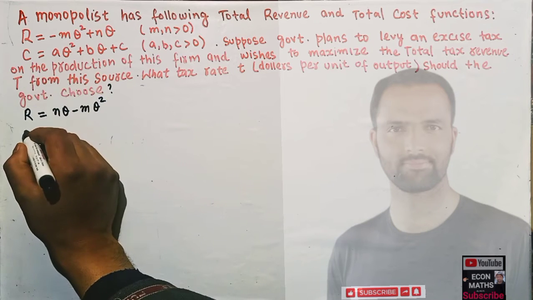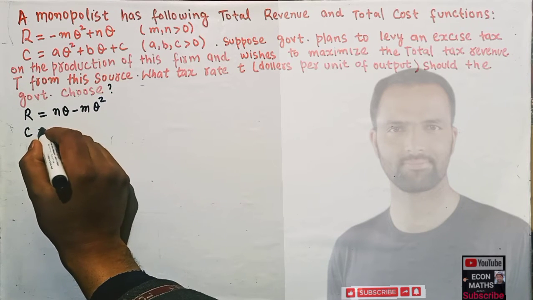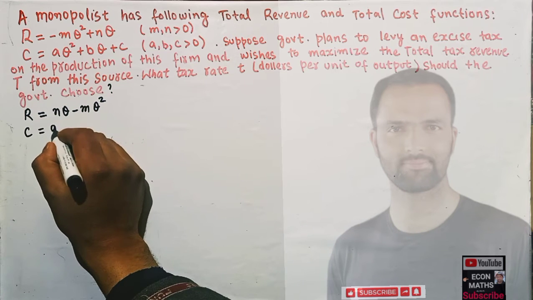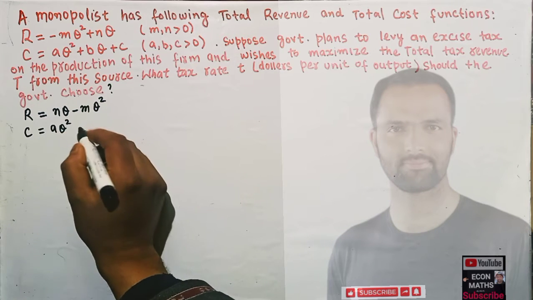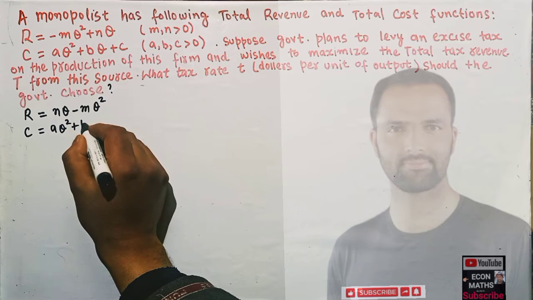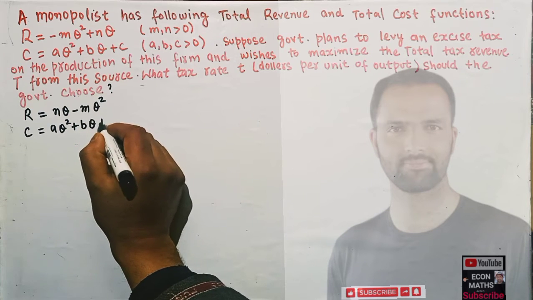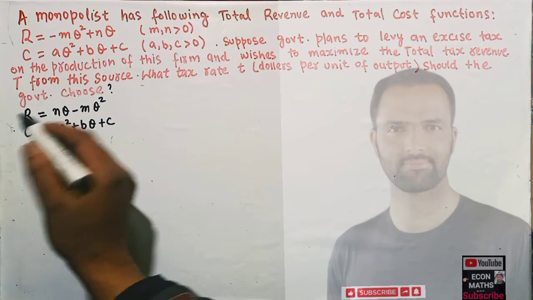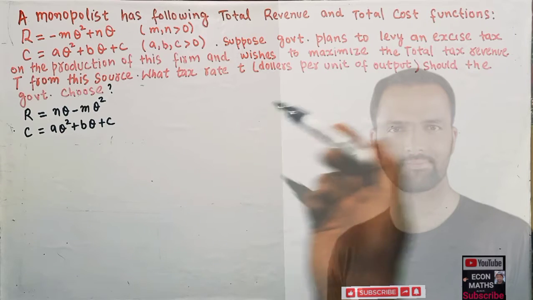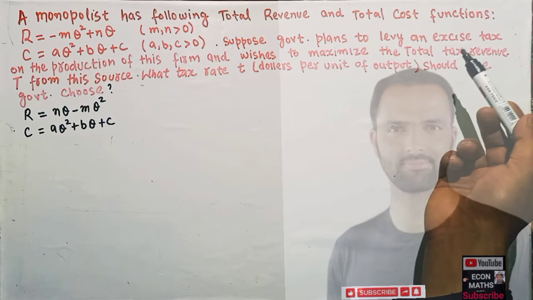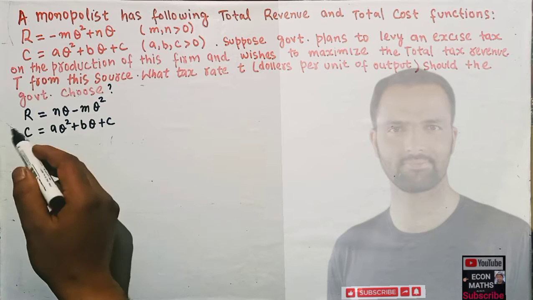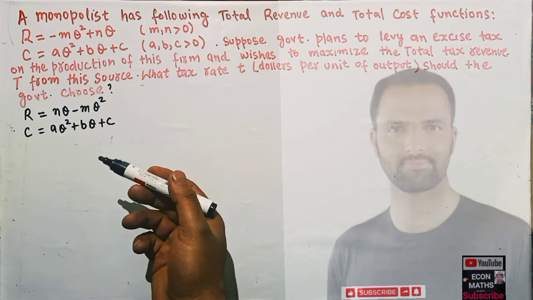And what is the cost function? The cost function of the monopolist is given as aQ² plus bQ plus c. This is the cost before the imposition of the excise tax, which obviously is a per unit tax.